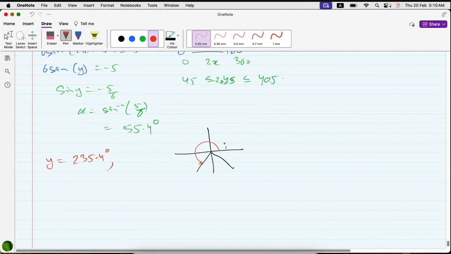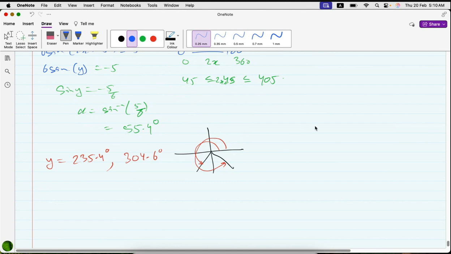And the second angle is 360 minus 55.4. I'm getting 304.6 degrees. Now, definitely we know that 405 is somewhere here, so I'm not checking that. That is already positive and we needed only negative answers.